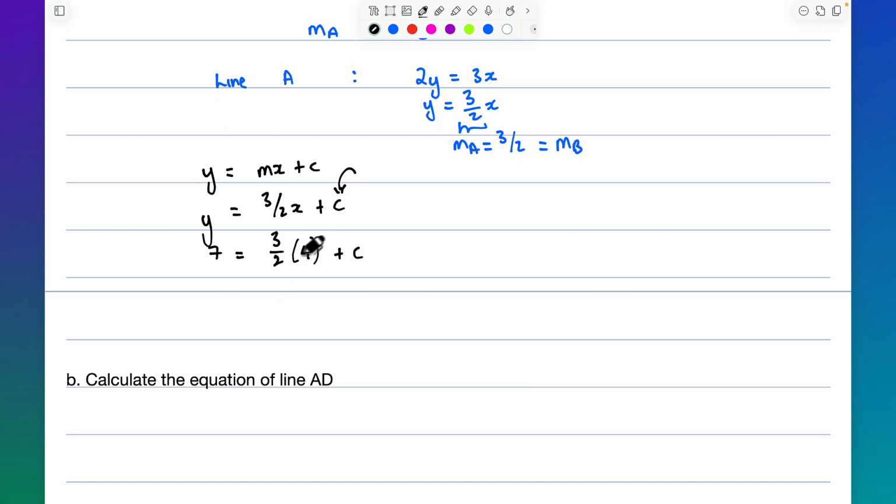Put it into this equation, so this 2 cancels to go twice. 3 times 2 is 6. I'm just going to do this quickly. 7 is equal to 6 plus c. If you take this to the other side, it becomes 7 minus 6, which is 1. Therefore, your c value is equal to 1. All right, so your y is equal to 3 over 2x plus 1. So that's the equation of line B.